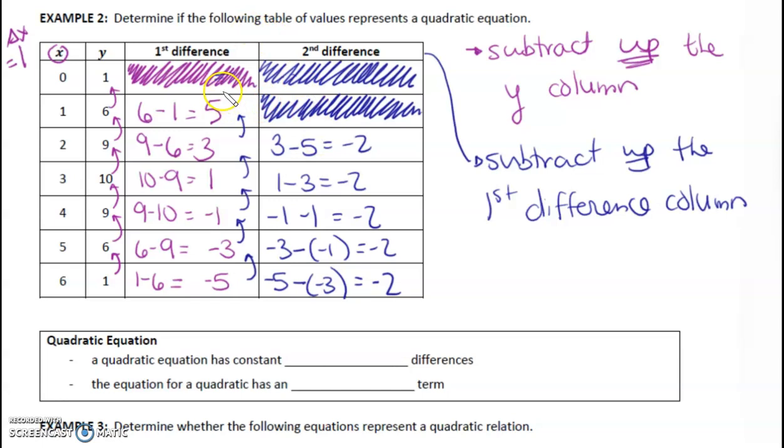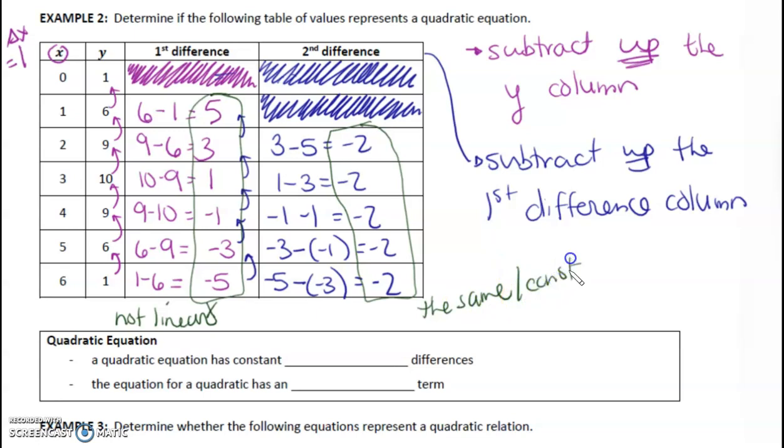So now let's take a look at the trends. Are the first differences the same? No. So we know that this is not linear. But are the second differences the same? Yes. So these are the same, or they're constant. So quadratic equation. A quadratic equation has constant second differences.